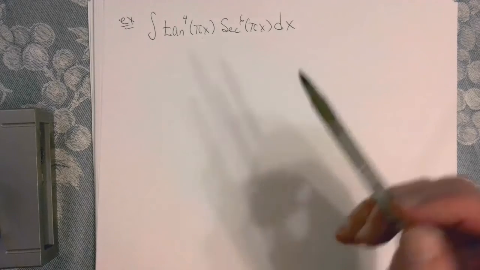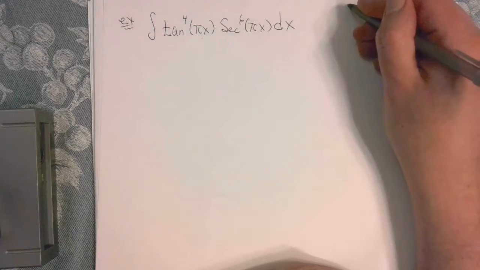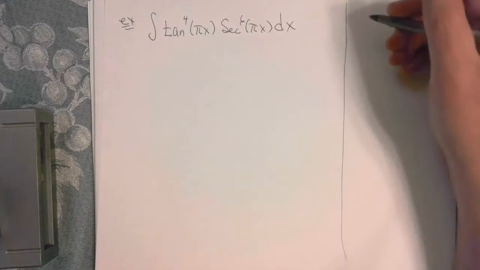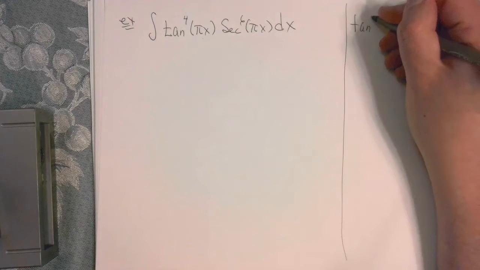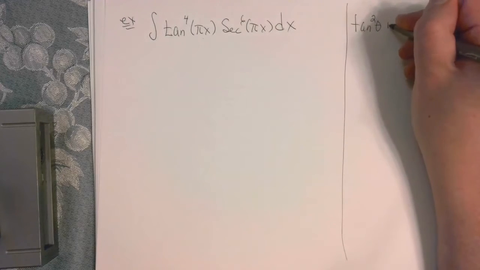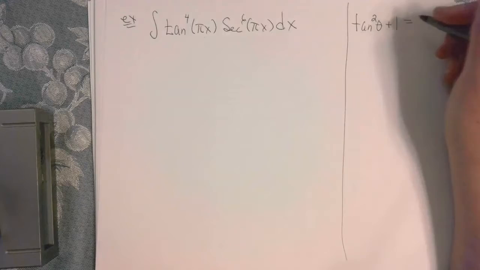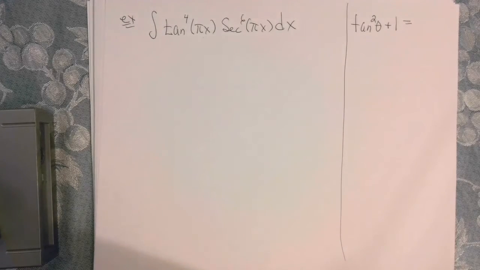One thing I found helpful when we've got an integral that involves tangent and secants is the following. Write down what you know about tangent and secant in terms of the Pythagorean identity as well as the derivatives. What I find is if students get stuck, that gives you inspiration to try something.